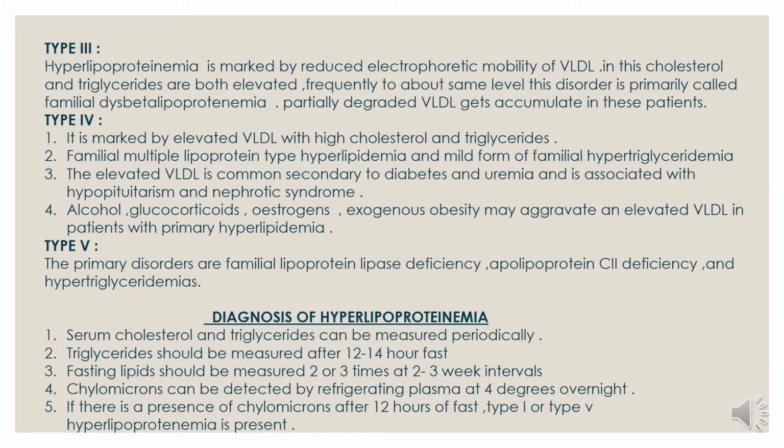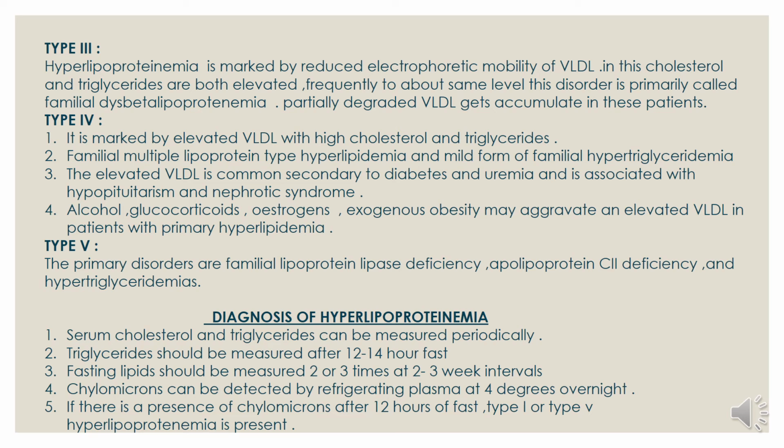Alcohol, glucocorticoid, estrogens, and exogenous obesity may aggravate an elevated VLDL in a patient with primary hyperlipidemia. Type 5, the primary disorders are familial lipoprotein lipase deficiency, apolipoprotein C2 deficiency, and hypertriglyceridemia.